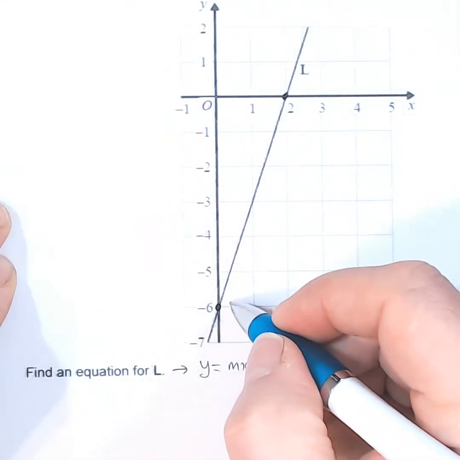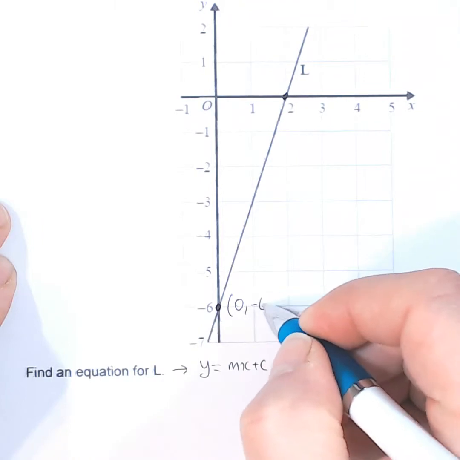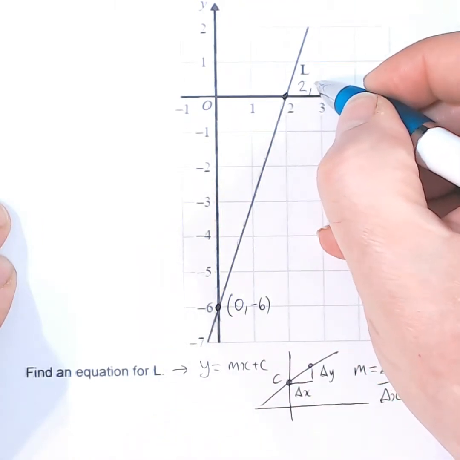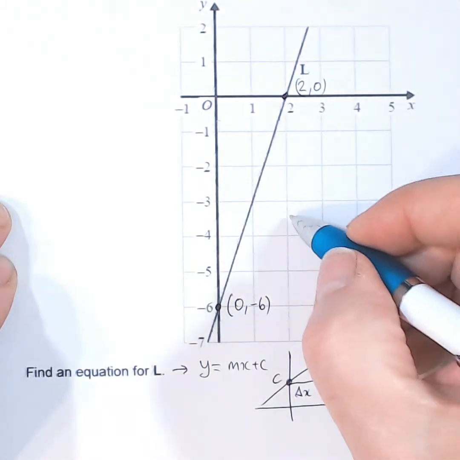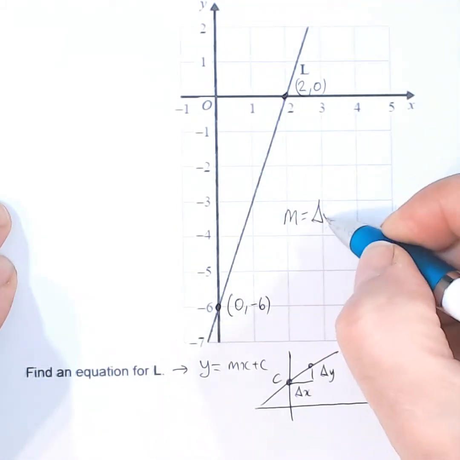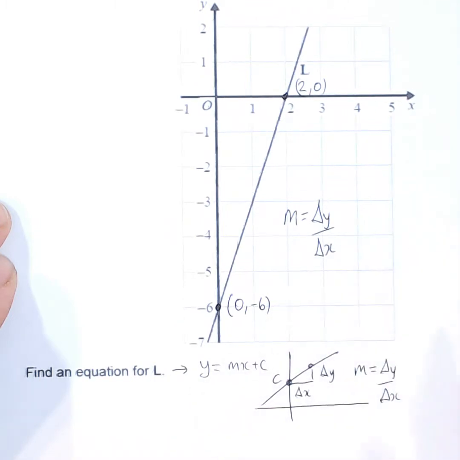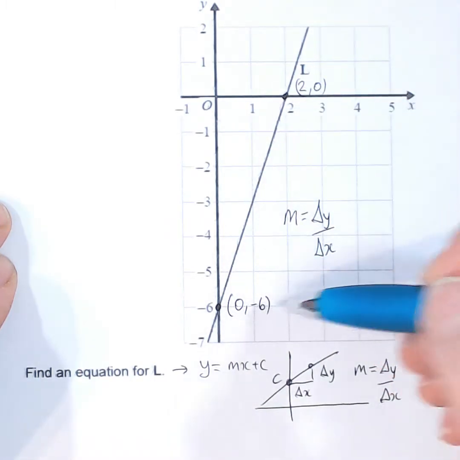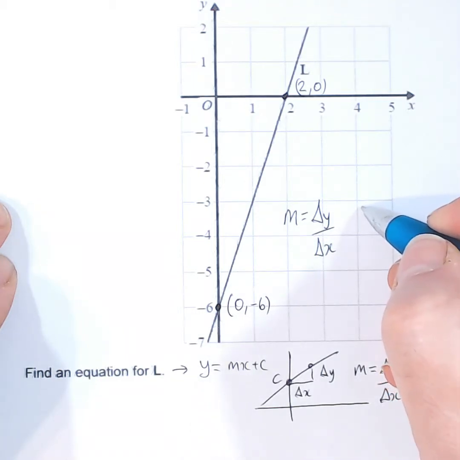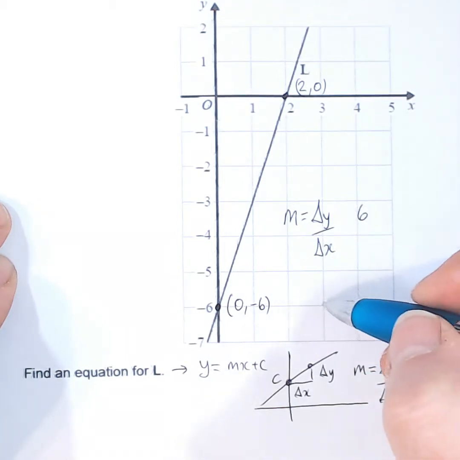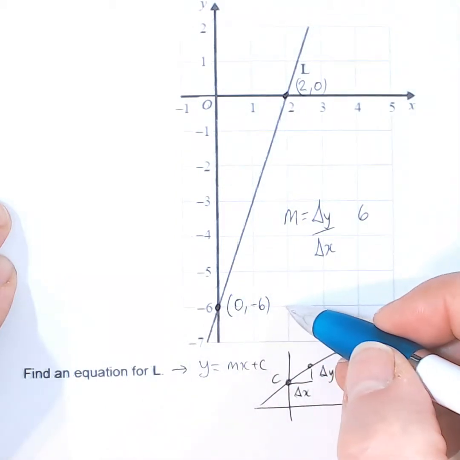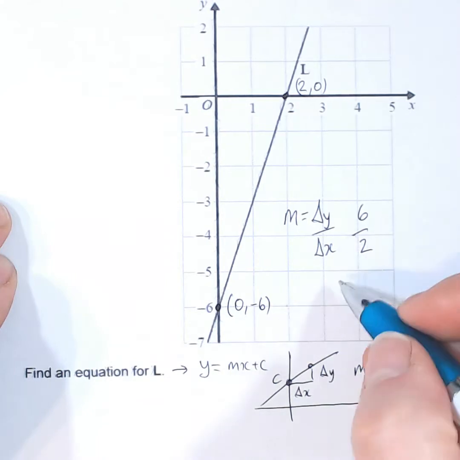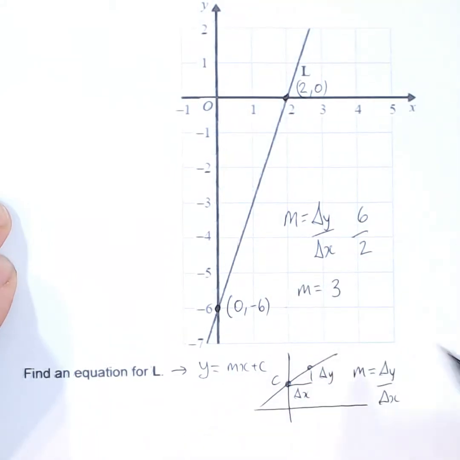So we've got 2 coordinates, so this coordinate is 0, -6, and this coordinate is 2, 0, and because the gradient is equal to the change in the y coordinates divided by the change in the x coordinates, well, we can see that the change in the y coordinates, we've gone from 0 to -6, so that's going to be a change of 6, and we can see the change in the x coordinates, we've gone from 2 to 0, so the change in the x coordinates is 2, so our gradient is going to be 3.